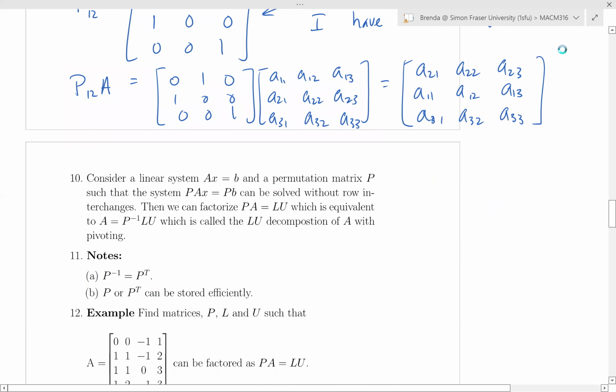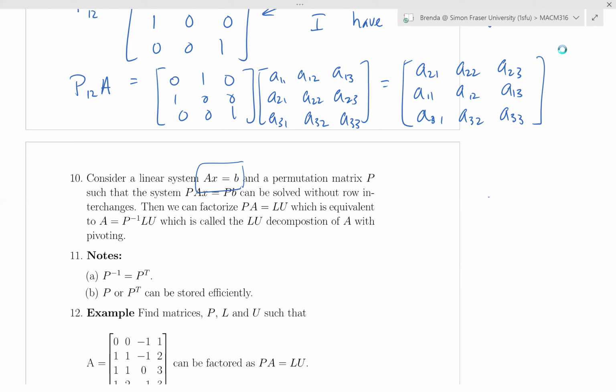Now we have this linear system, Ax equals b. And we consider some permutation matrix P such that if I multiply both the left and the right side by P, we would have a system that could be solved without row interchanges.